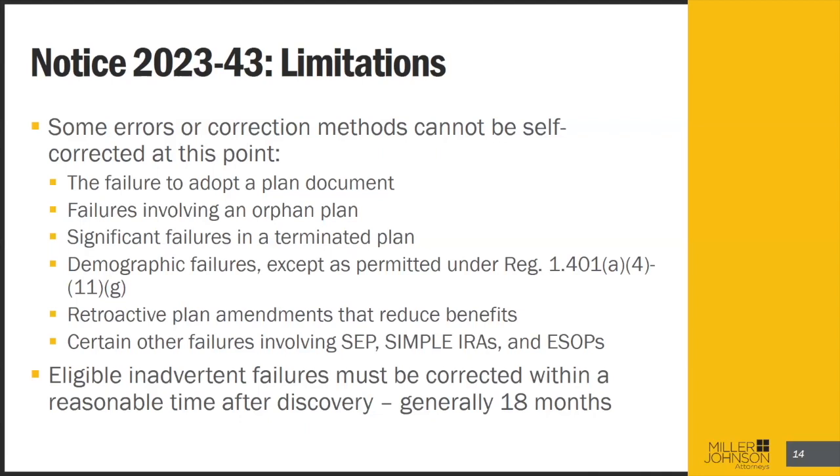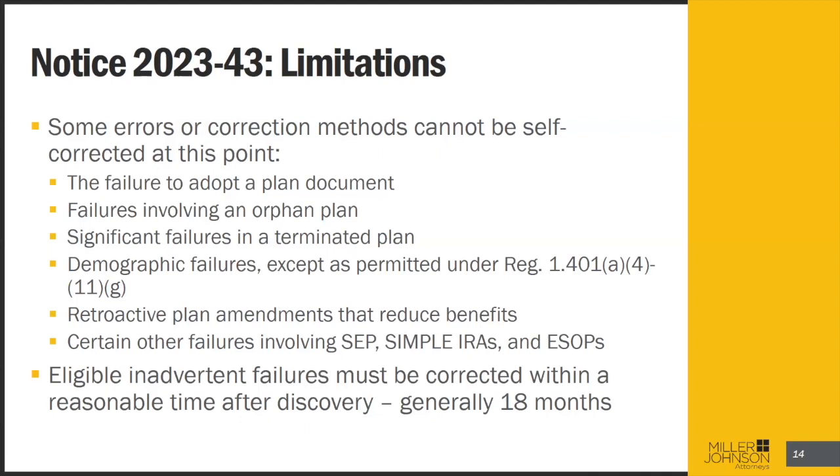There's also quite a bit of a shorter rule if you're trying to correct an employer eligibility failure. An employer eligibility failure is really where the employer is not eligible to have the type of plan that it's sponsoring. So maybe it's an employer with more than 100 employees trying to sponsor a simple 401(k) or simple IRA, or it is not a tax exempt or governmental employer and it's trying to sponsor a 403(b) plan.